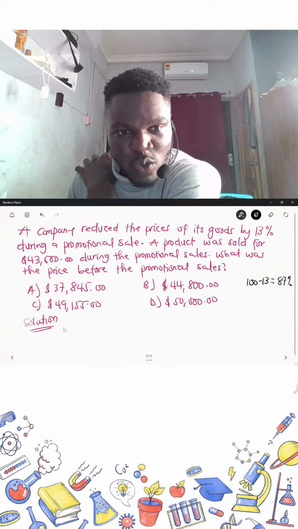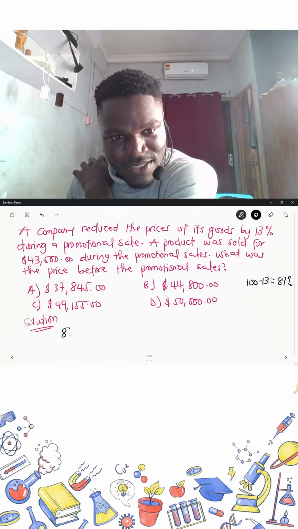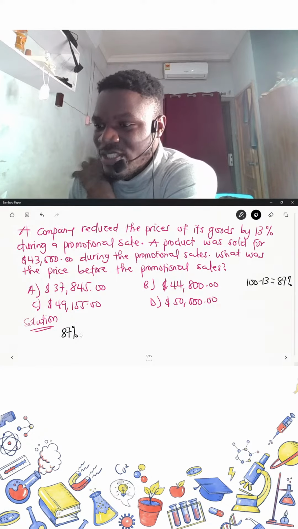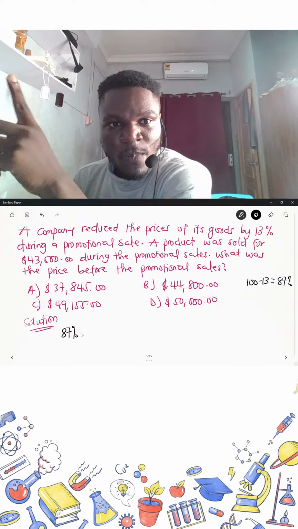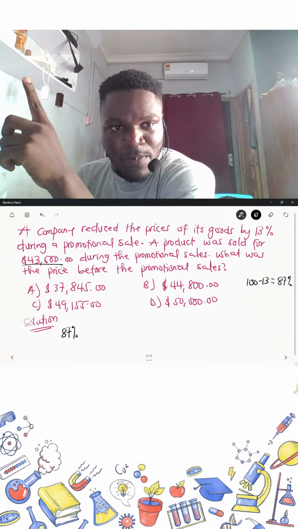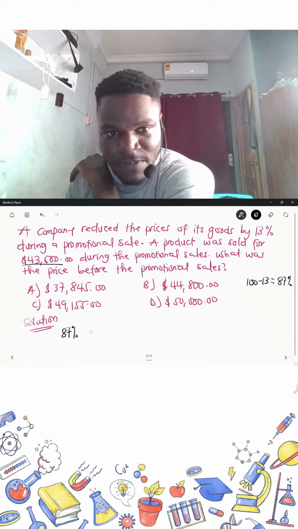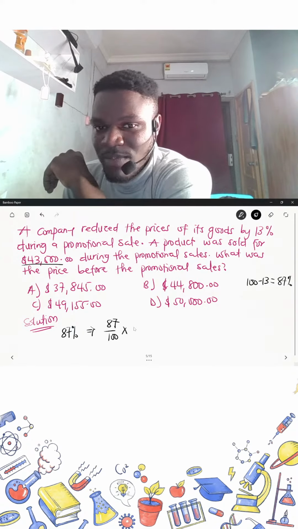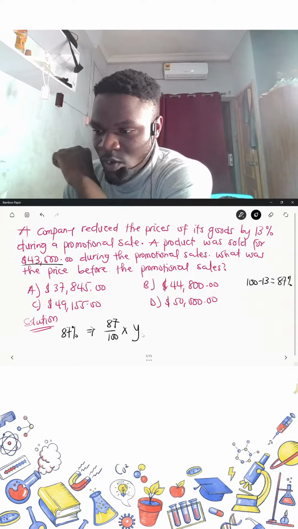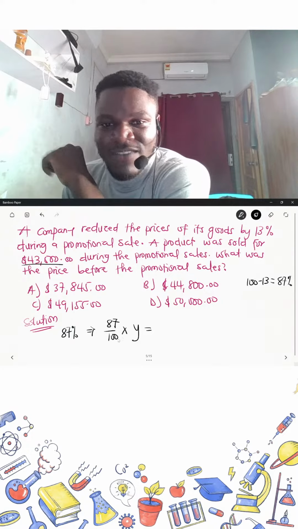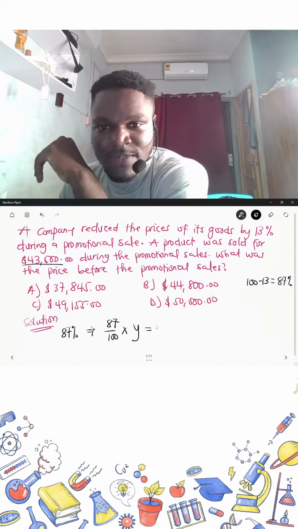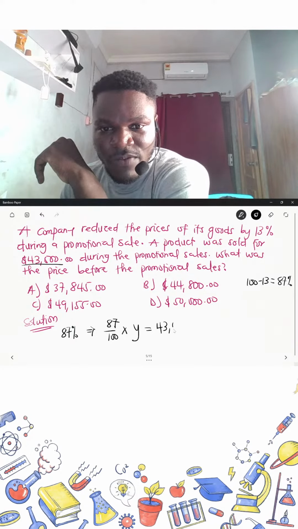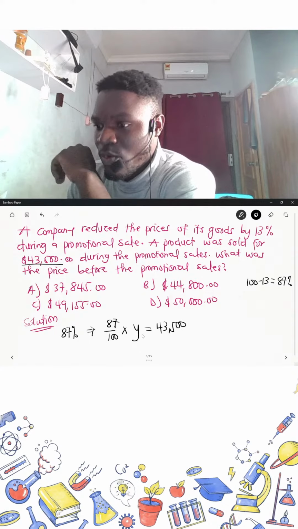So we know that 87% of the original price should give you the price that the person paid, which is 43,500. So this implies that 87 over 100 multiplied by the initial price, which we don't know, so we can represent that by, let's say, y. If you find 87% of that y, you will get 43,500. This is the equation that we have.